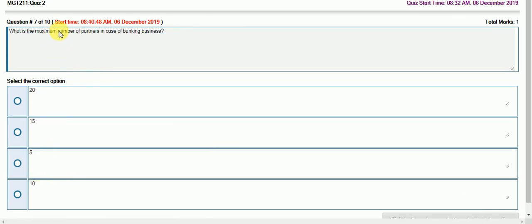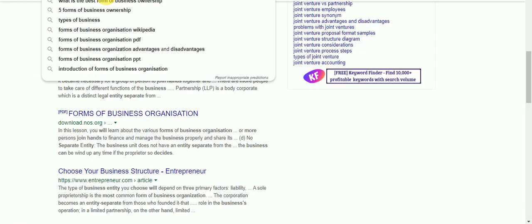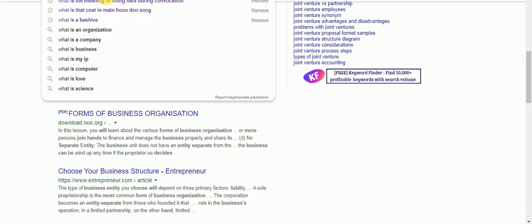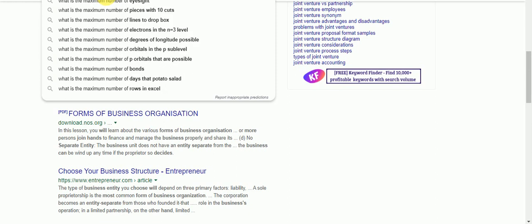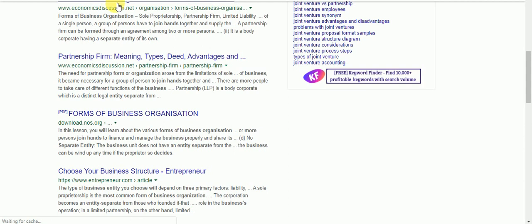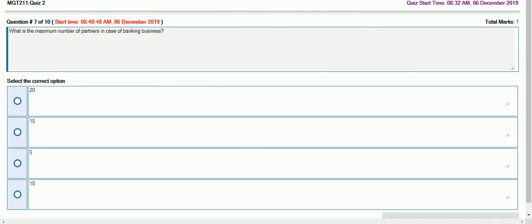What is the maximum number of partners in case of a banking business? I think I had read it somewhere that it was 20.